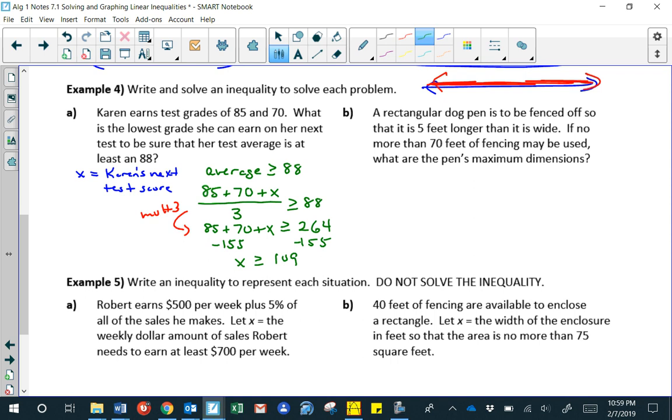So there had better be a bonus question on Karen's next test. So 109 is what she needs.